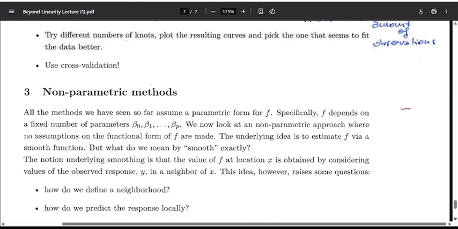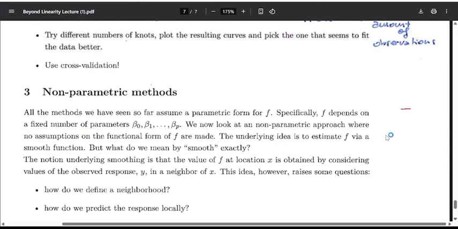There are two types of spline: the cubic spline and the natural cubic spline. Is there any question before I move to the non-parametric approach?